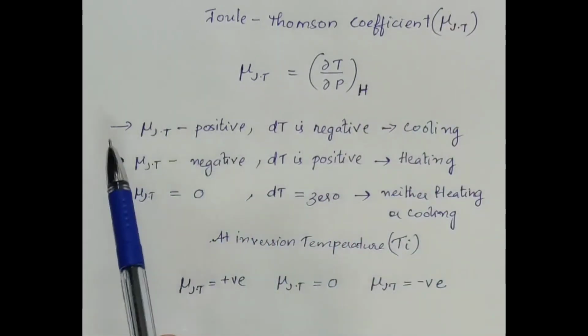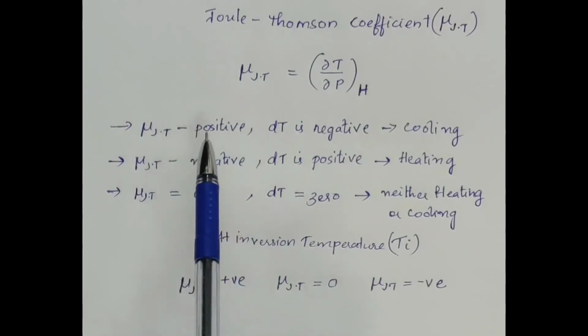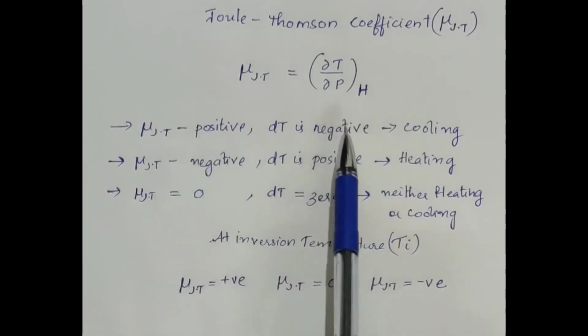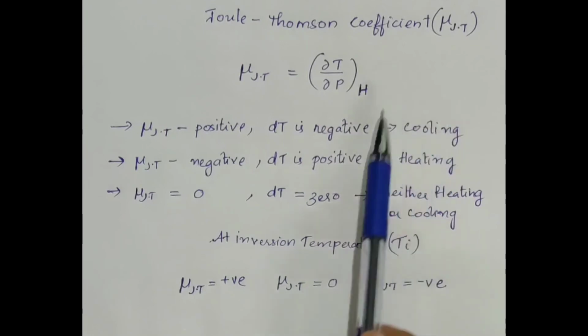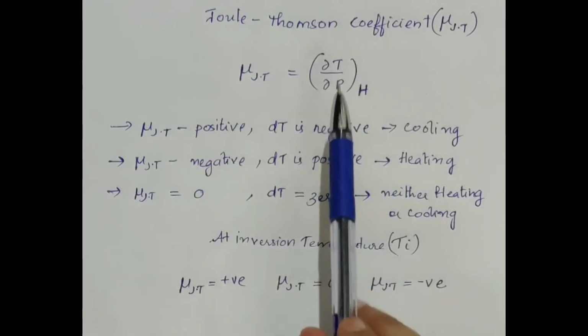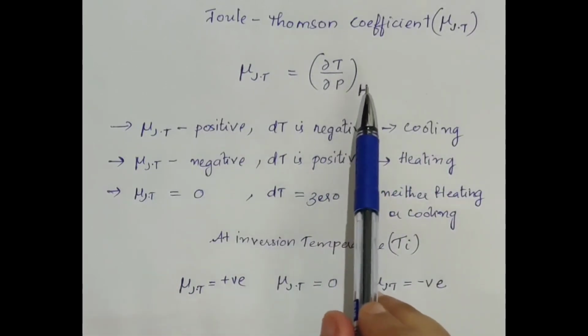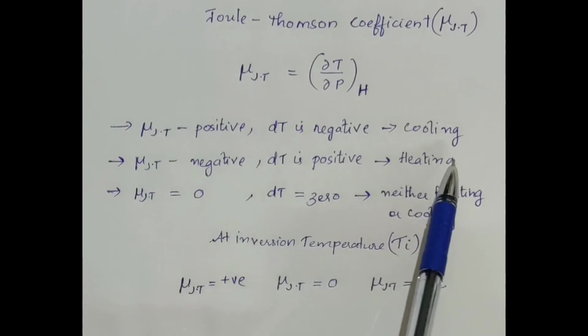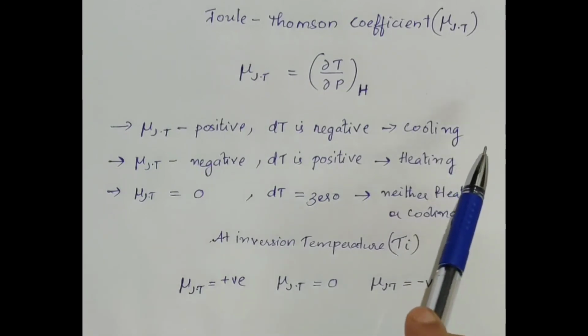If mu Jt is positive, temperature decreases, hence a cooling effect is observed in the process. And if mu Jt is negative, temperature increases, then a heating effect is observed in this process.